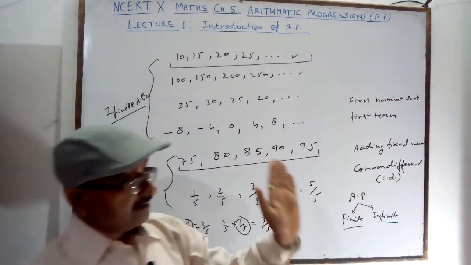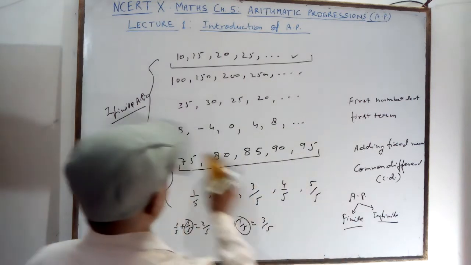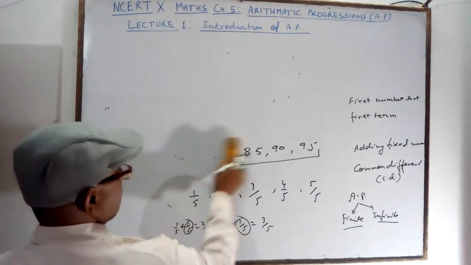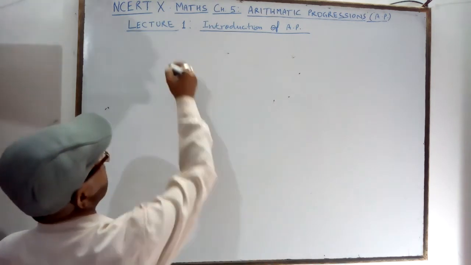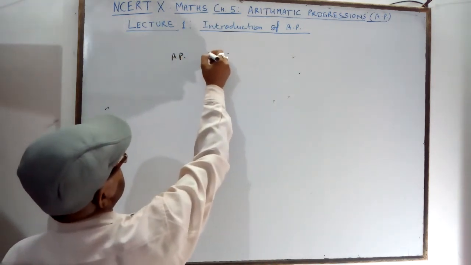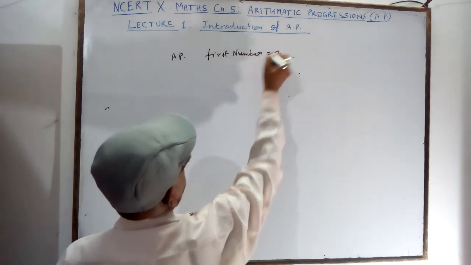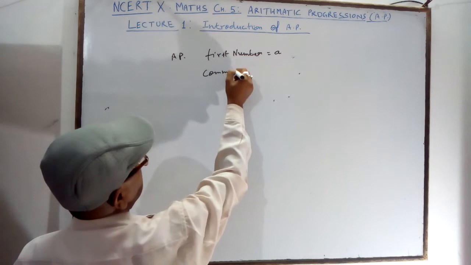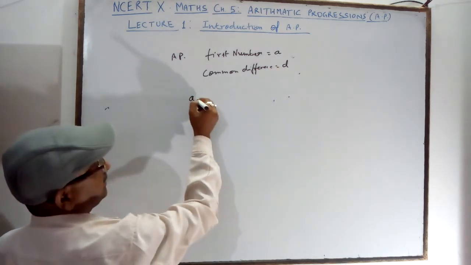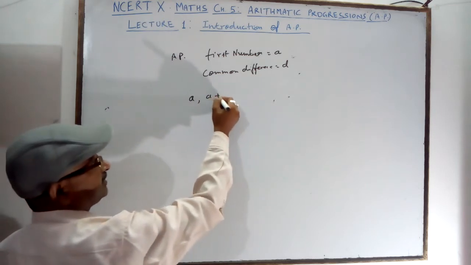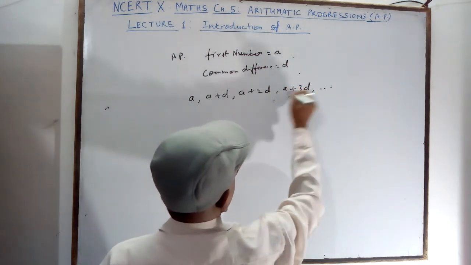In general form, if the first number of an AP is A and the common difference is D, then we can write the AP as A, A plus D, A plus 2D, A plus 3D, and so on.